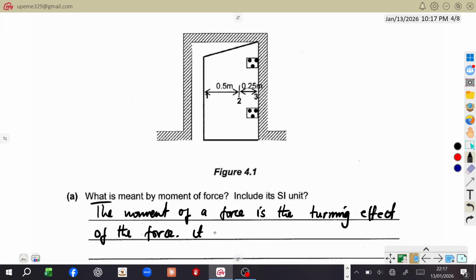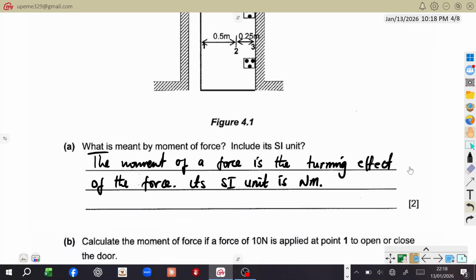Its SI unit is Newton meter. That's the unit they wanted. So you have answered in full. Then let's see the other question.